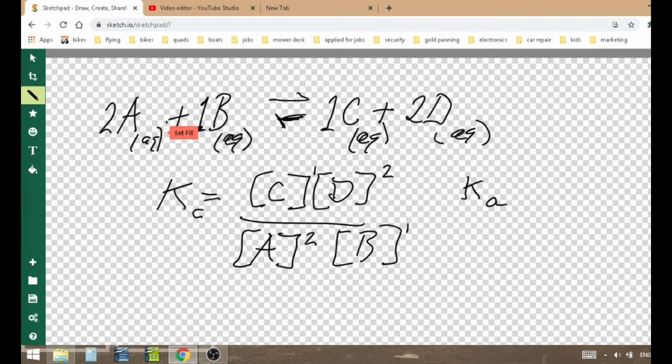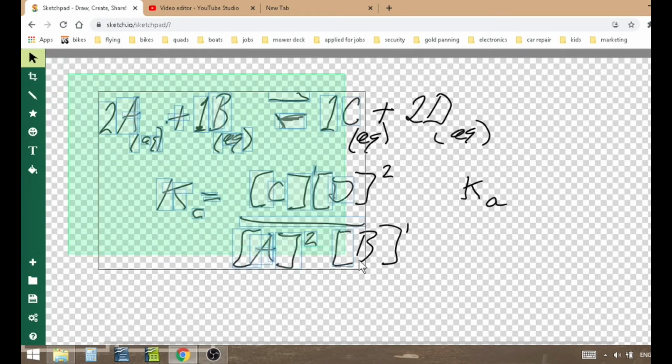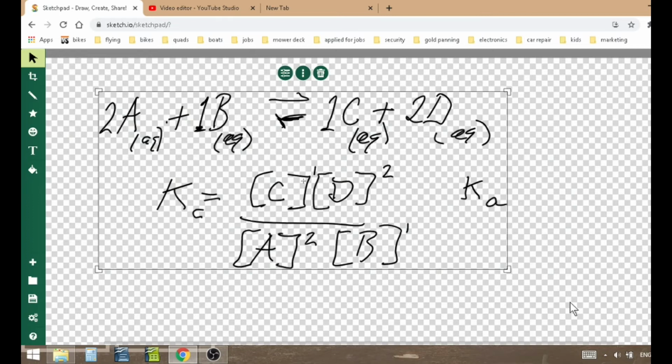So let's look at a real example. Let's go back to that acetic acid we discussed in that earlier lesson, just for consistency. And we're going to do something called an ice table. And you've seen these before, no doubt, but a little bit of review doesn't hurt.